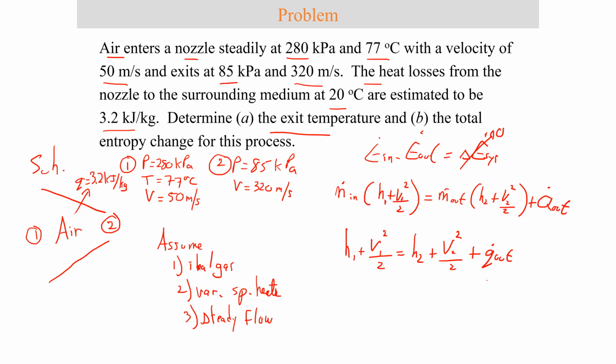Now, for this particular problem, it's asking us to determine the exit temperature. Now, if you recall, enthalpy is a function of temperature only for an ideal gas. So for this problem, we solve for H2, and we could rearrange our equation into the following form.